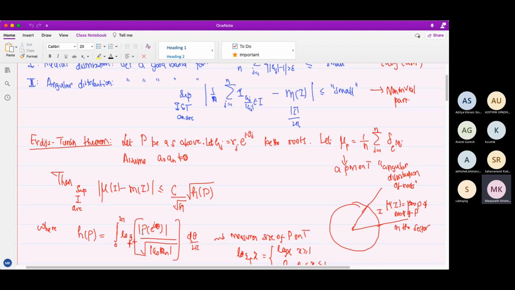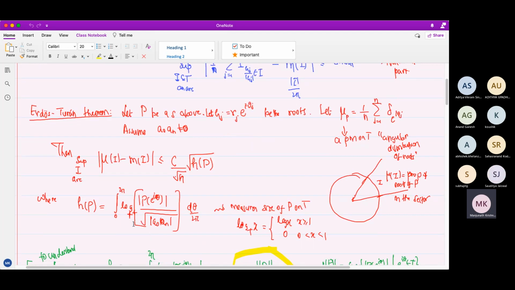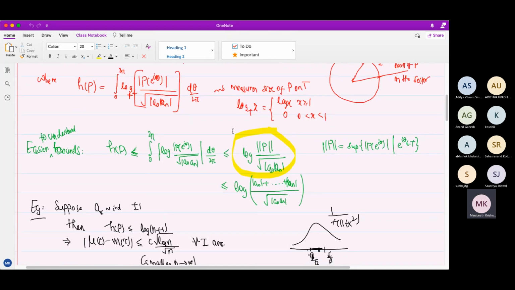It is the integral over the circle of log plus of the modulus of p over the square root of a0 an. If you assume for simplicity a0 and an are 1, then basically you take log plus of the polynomial. That is, you don't care if somewhere it is 0, since log plus means the positive part of log. You average it on the unit circle. It's a bit complicated looking, but as we said, it can be bounded by easier to control quantities.